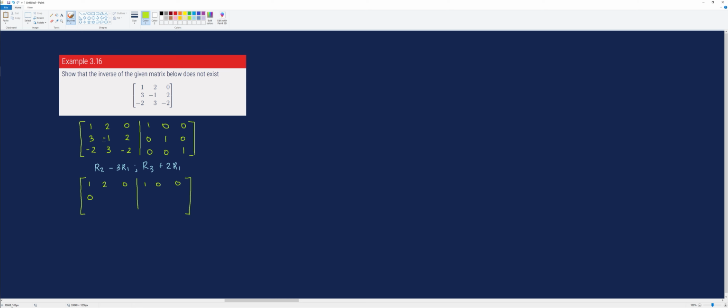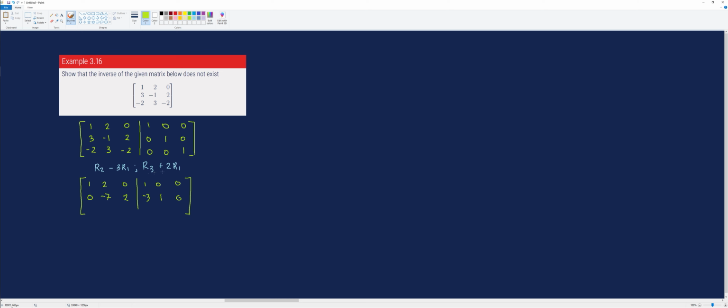Negative 1 minus 3 times 2, that's negative 6, so it's negative 7. 2 minus 3 times 0 is still 2. 0 minus 3 times 1 is negative 3. 1 minus 3 times 0 is 1. 0 minus 3 times 0 is 0.